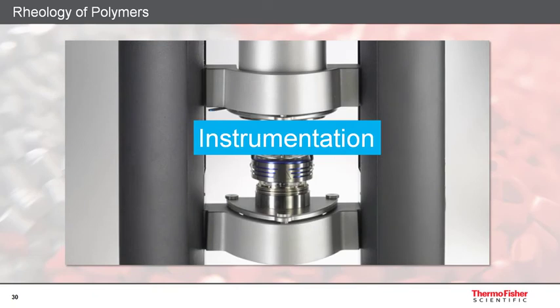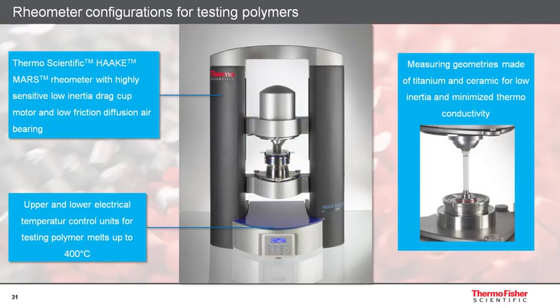In the second part of this presentation, I would like to give a brief introduction to the Thermo Scientific HAAKE MARS rheometers and their configurations and accessories for investigating polymeric samples. The Thermo Scientific HAAKE MARS instruments are high-end rheometers for research and development as well as advanced quality control and routine measurements.